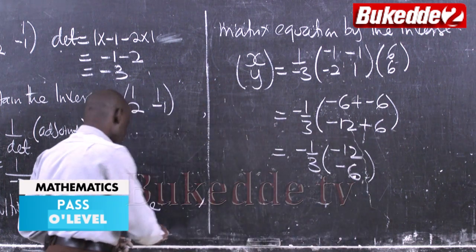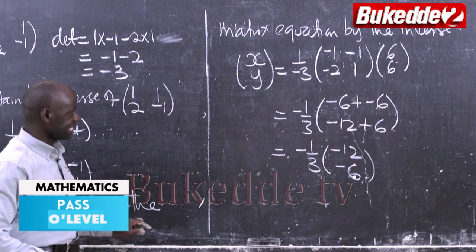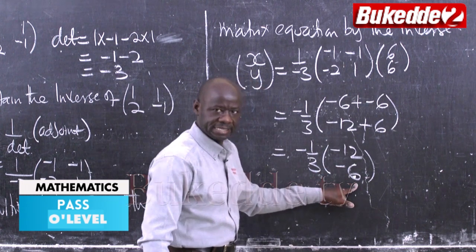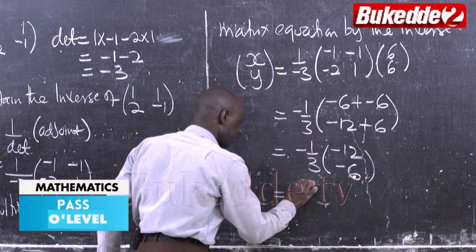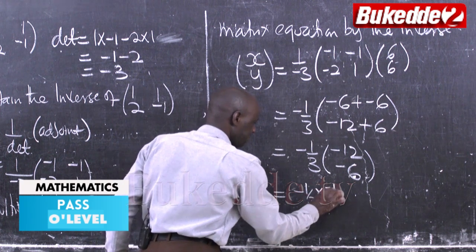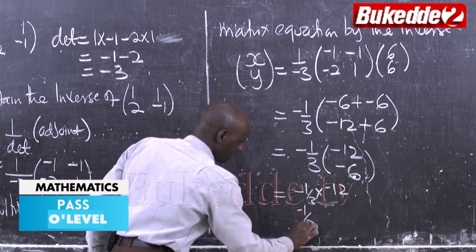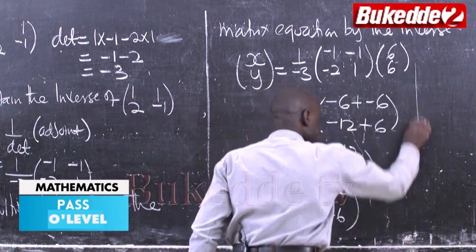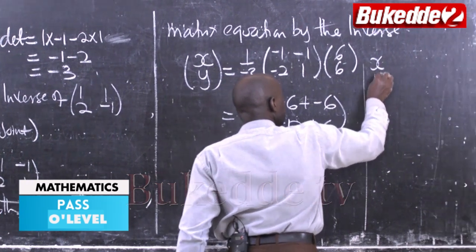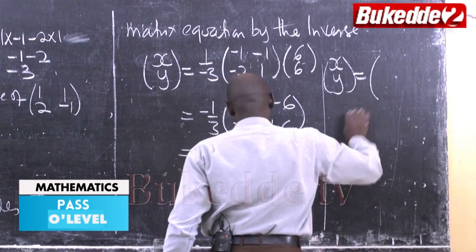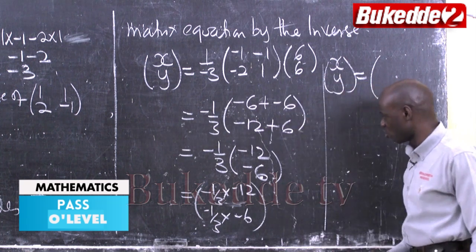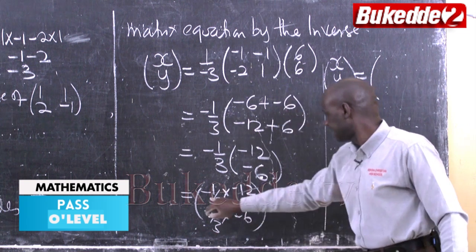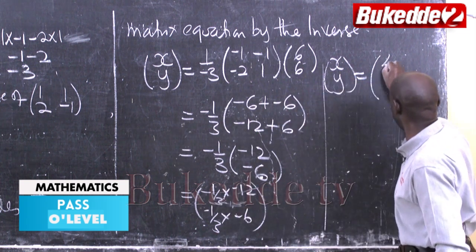Now, realize further that this constant term here pre-multiplies everything within the bracket, the matrix here. So you're going to have -1 over 3 times -12, and then -1 over 3 times -6. This generates that your xy, therefore, is, when you divide through by 3, 1 by 3, 4. -1, -4 gives us a +4.